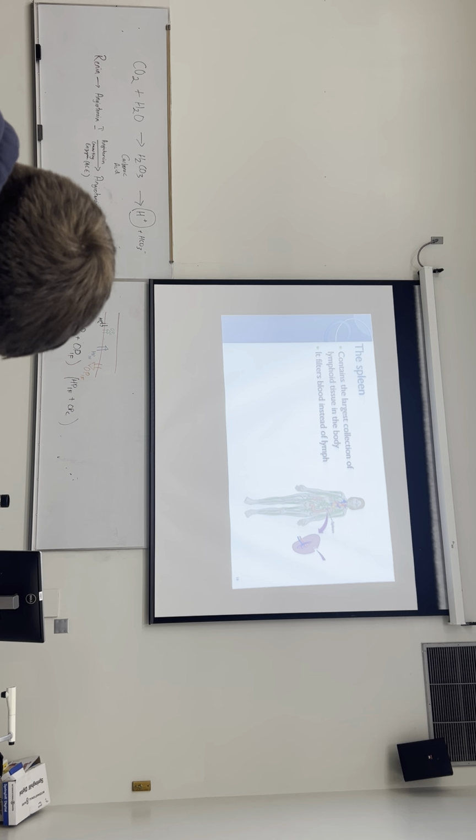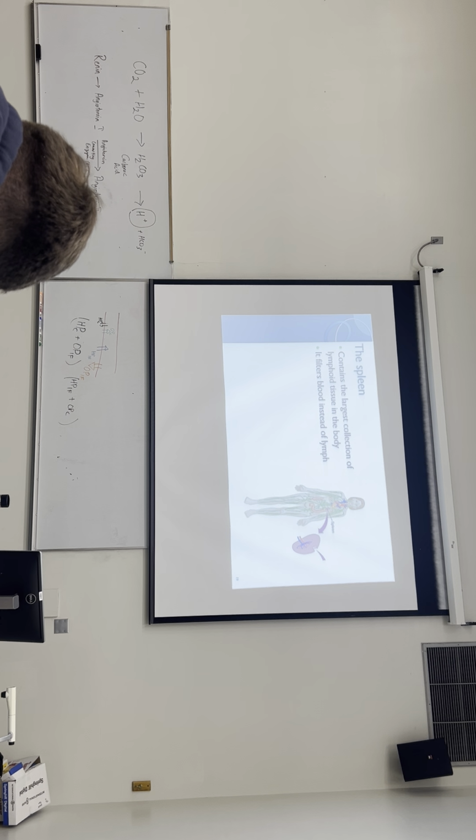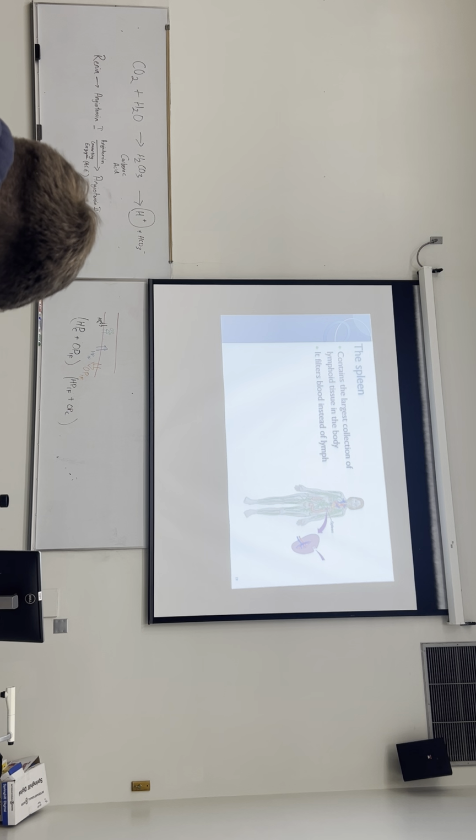Here it is actually filtering blood. This is the one that can filter blood. It's going to remove some things in blood. It's also looking for any foreign organisms in blood. There are areas that are mainly waiting with T cells, right?